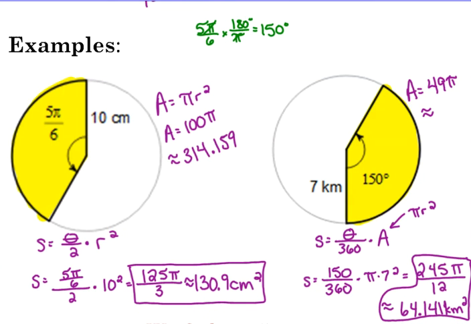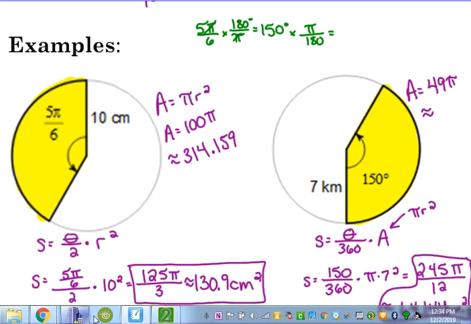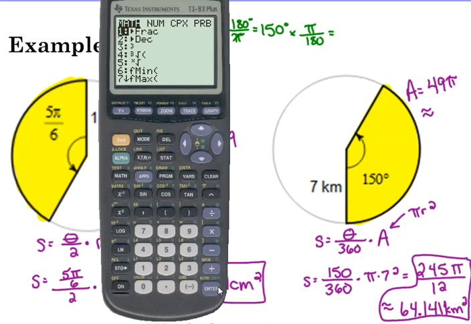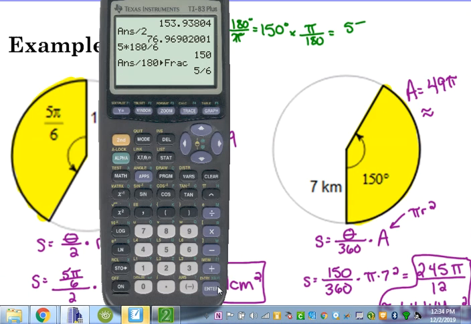So these two angles are actually exactly the same. If we wanted to convert 150 to radians, we would multiply by pi over 180. So 150 over 180 is 5 pi over 6.